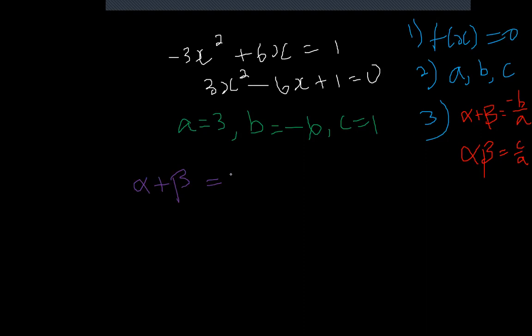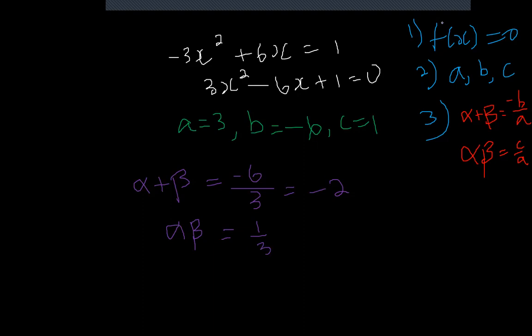Oh no, negative 6 over 3. My bad. That's a common mistake, yeah? So make sure you pay close attention to that, right? Don't want you making any mistakes. So minus 2. Alpha beta, C over A. So over 3, what would I write? Nice. That's the next set of marks there.